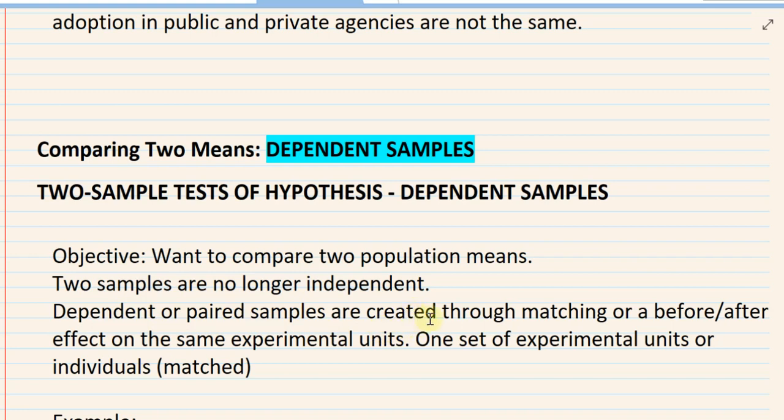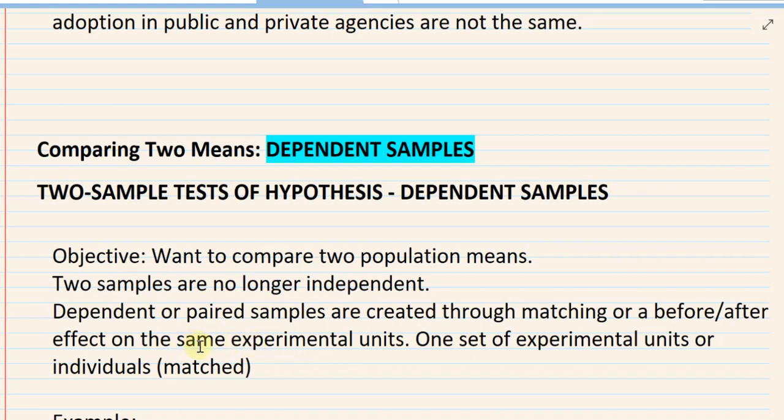These are created through either matching of experimental units, or you have some kind of a before and after effect.